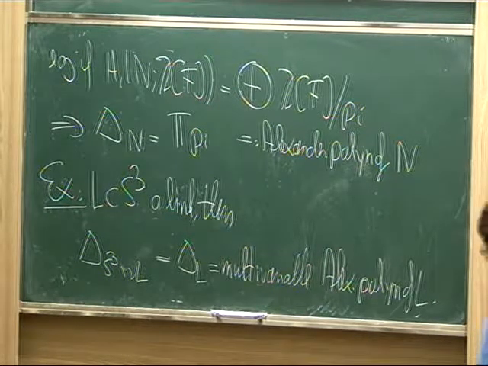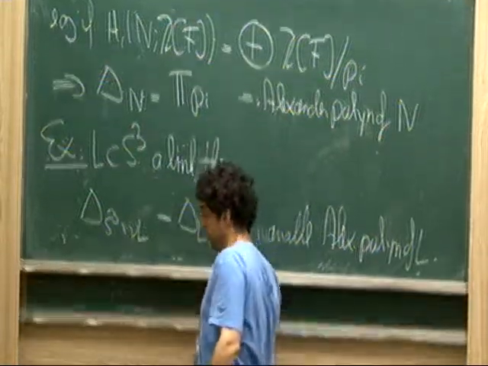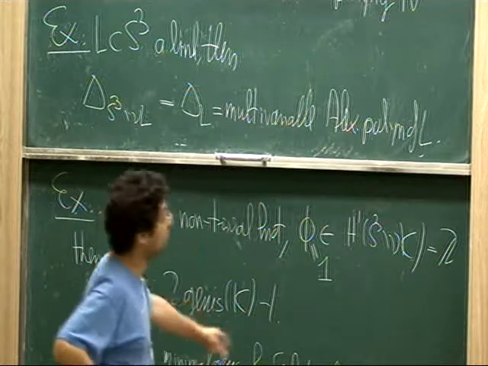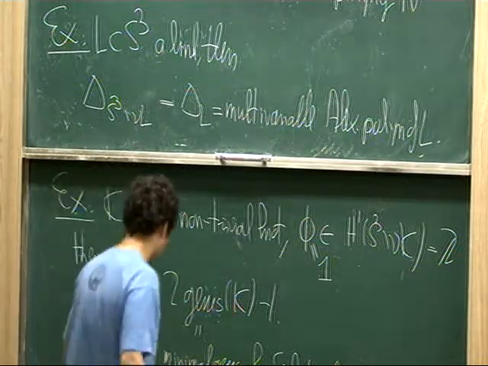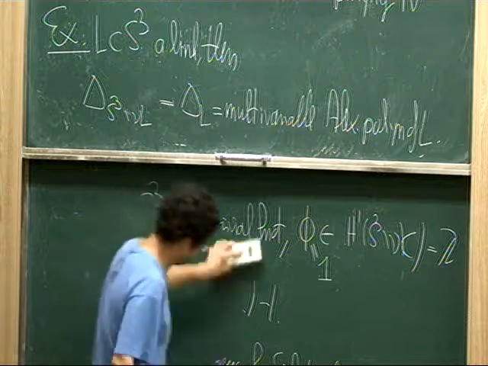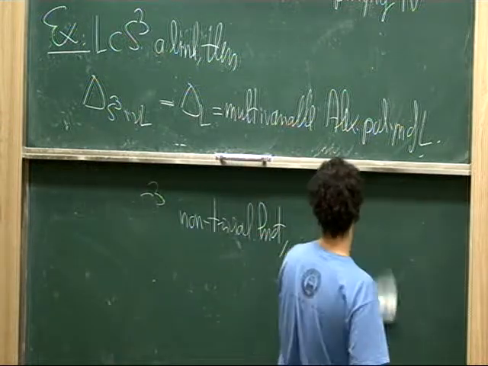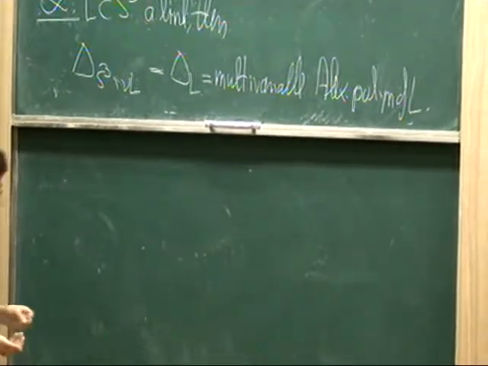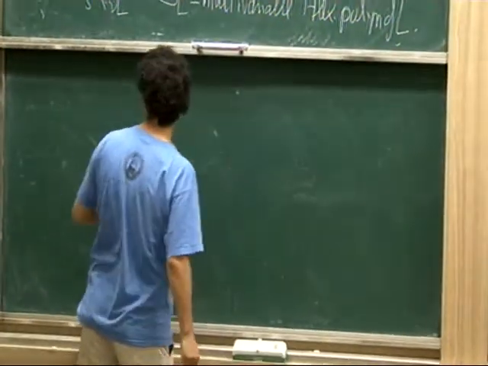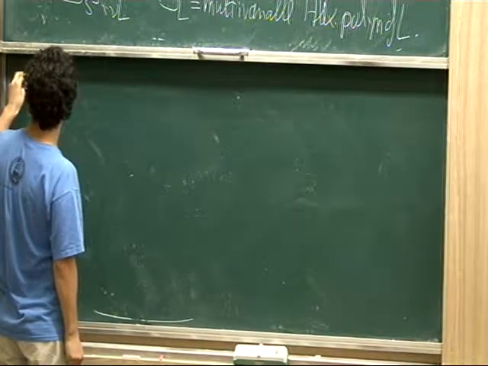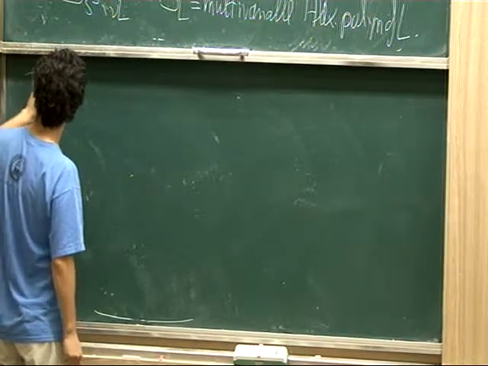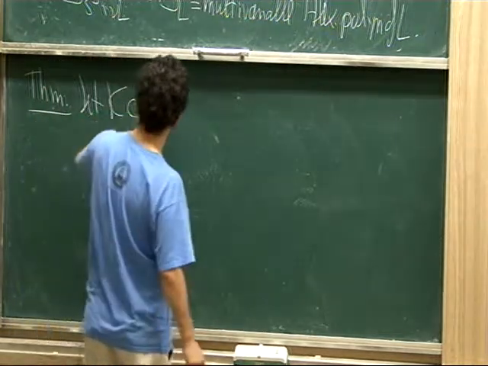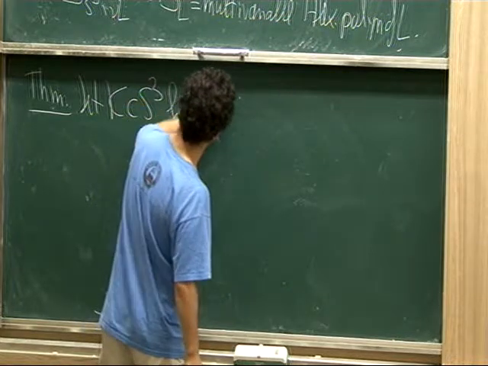So what does that have to do with the problem of determining the genus of a knot, or the Thurston norm? One of the theorems which every knot theory course should at least cover is the following. It's a classical theorem. Let K in S^3 be a knot.